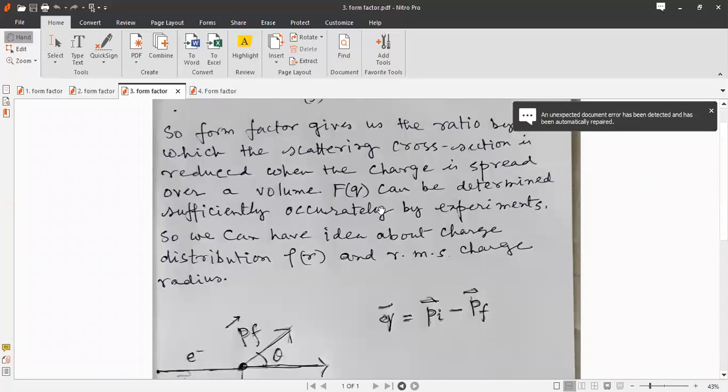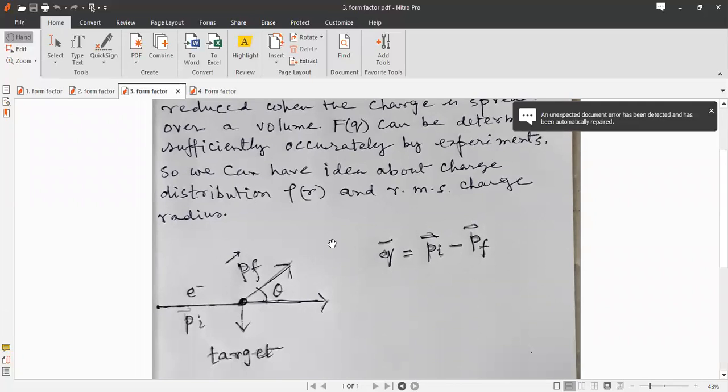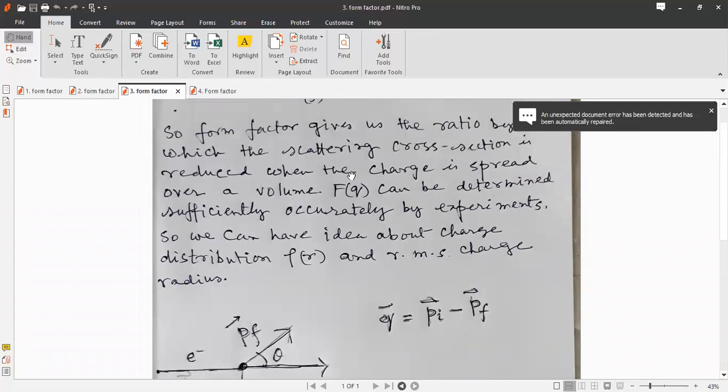If we can get F(q), then looking at the previous expression 3, we can get an idea about the charge distribution inside the system. So to get an idea about the charge distribution, that is rho(r), and the RMS radius of the charge distribution, the form factor is a very important tool.